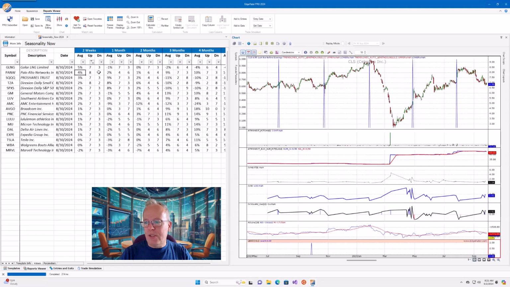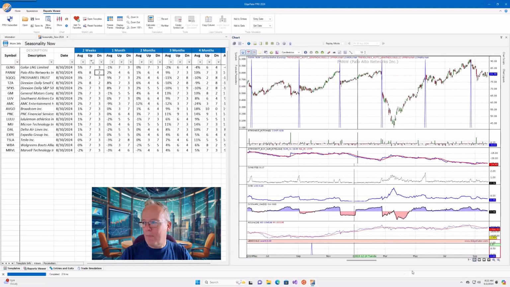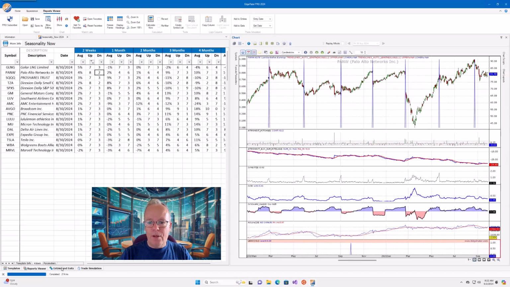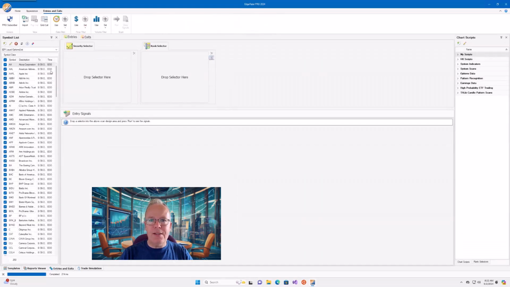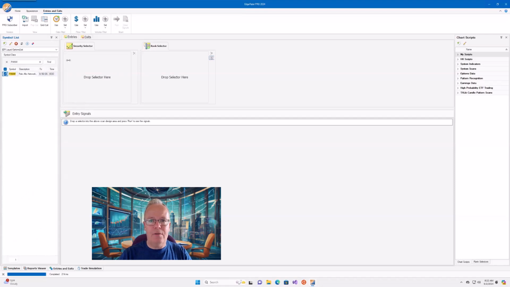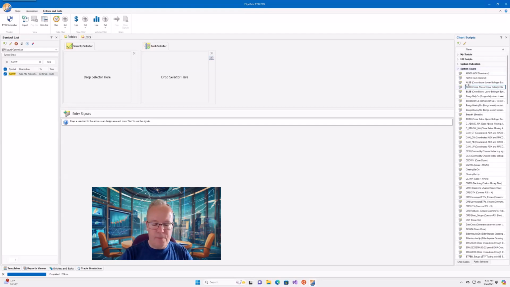Let's find out more details about PAN-W. One thing you can do is go to the entries and exits, and we can just work with PAN-W. I'll select that on the left-hand side. I'll go to my scan.